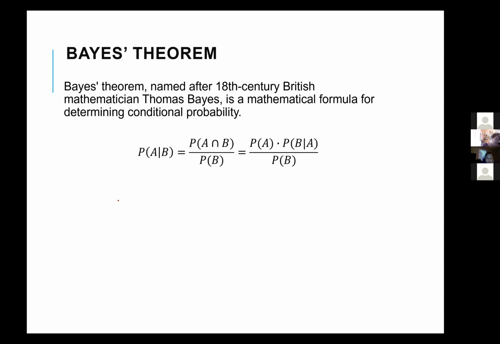So let's define what this means. That symbol there, that upside down U, means intersection, or it means and.